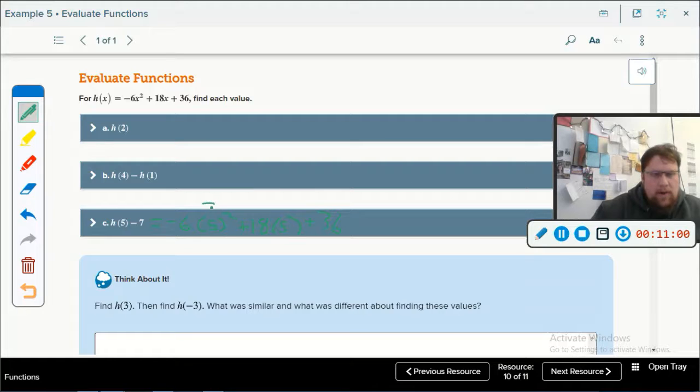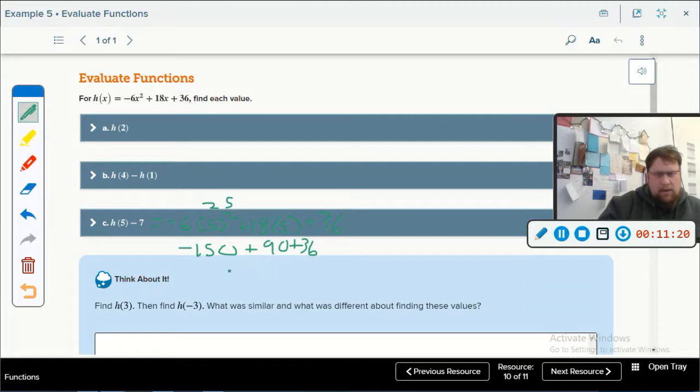And what do we got here? 5 squared is 25. Negative 6 times 25 is going to be negative 150. 5 times 18 is 90, so plus 90. And then plus 36. And so what do we get here?